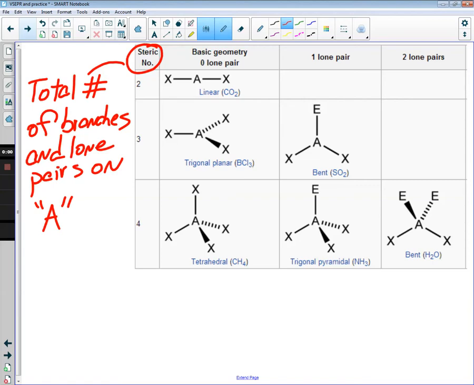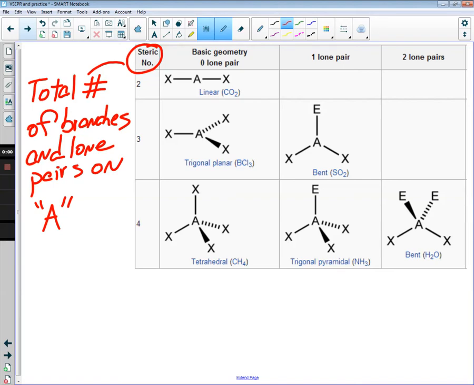And so just for example, what you see here in this top row, there are 2 branches. Remember, branches are represented as X. There's 2 branches coming off the central atom, so this has a steric number of 2.